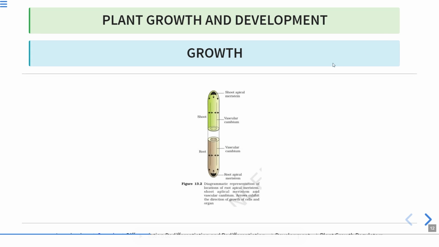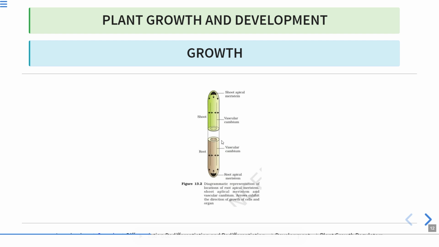So here you can see the shoot apical meristem. It is showing the growth in the shoot apex, and there is a root apical meristem, which is also showing the growth at the apex of the root. Now you can see in the case of lateral meristem, this line is showing the lateral meristem, and this is present in the vascular bundles.